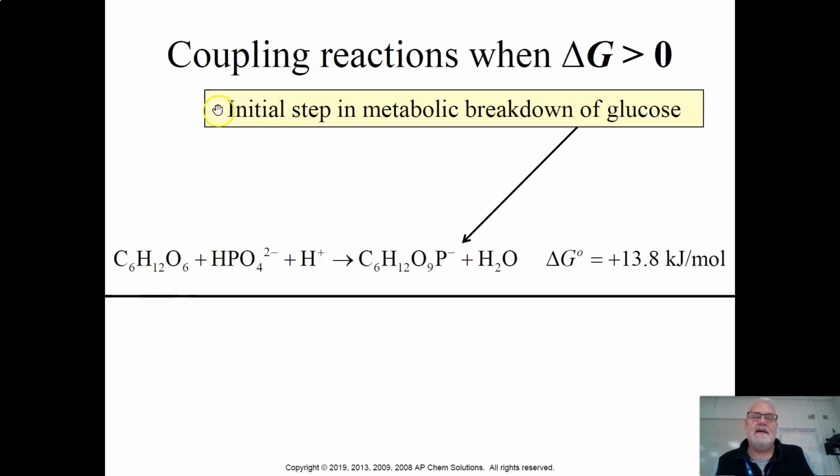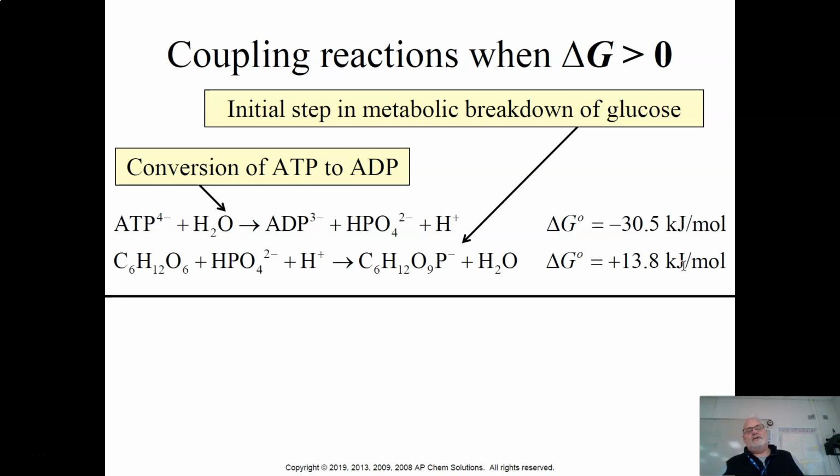This is the initial step in the metabolic breakdown of glucose. I don't know how much you guys have written about this. Hit the pause if you need to, but I'm just going to continue talking in case they cut me off at 10 minutes again. So this is the conversion of ATP to ADP.